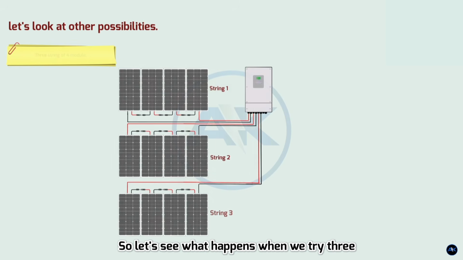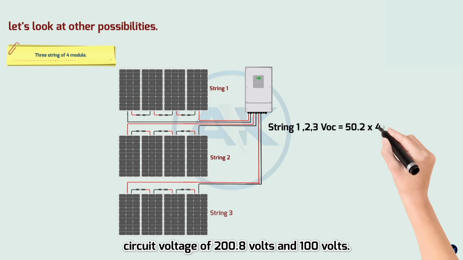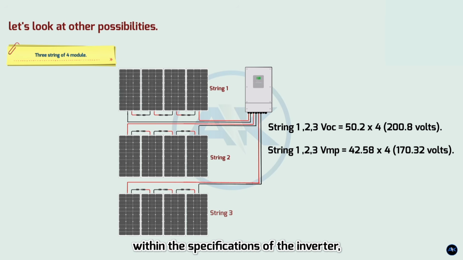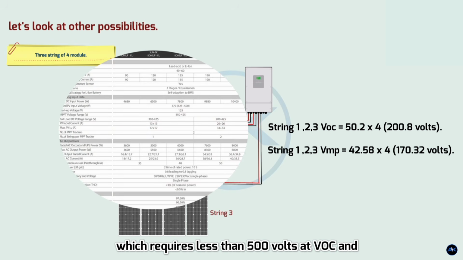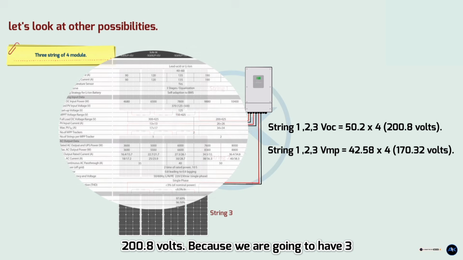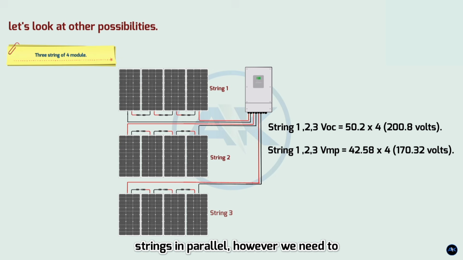So let's see what happens when we try 3 strings of 4. In this case, each string would have an open circuit voltage of 200.8 volts and 170.32 volts at maximum power. This fits within the specifications of the inverter, which requires less than 500 volts at VOC, and the operating range is within limits, because we're going to have 3 strings in parallel.